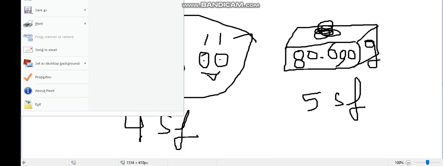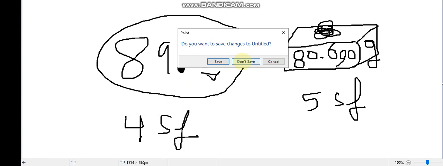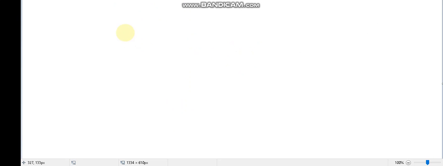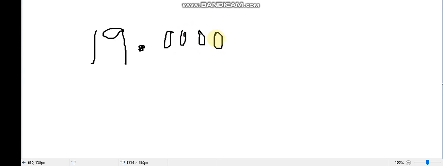Let's take another example. Let's assume you have a number like 19.0000 meter cube.